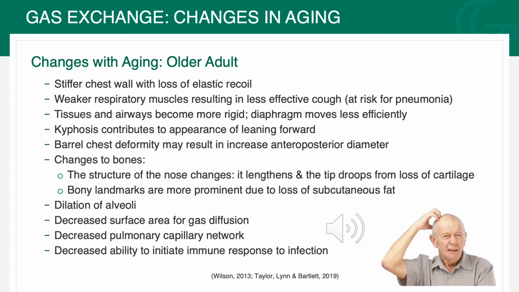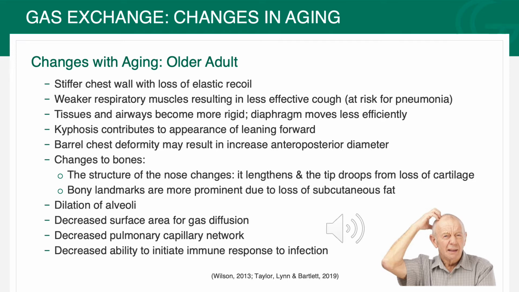Their tissues and airways can become more rigid. Their diaphragm moves less efficiently. Hopefully this is drawing a picture of everything we've talked about regarding effective gas exchange and good oxygenation. The older adult and the changes they're experiencing put them on that continuum where their gas exchange, or their oxygenation, will be less efficient.